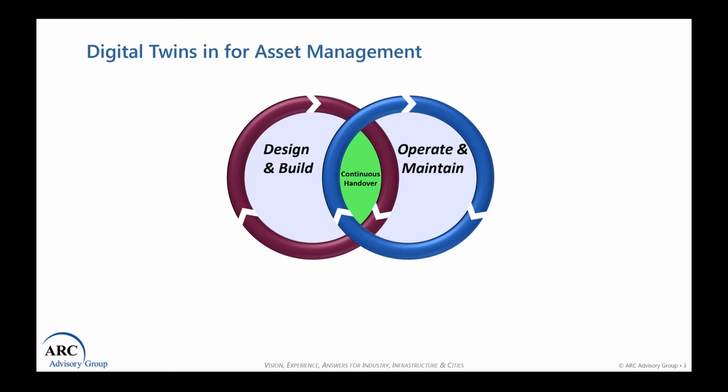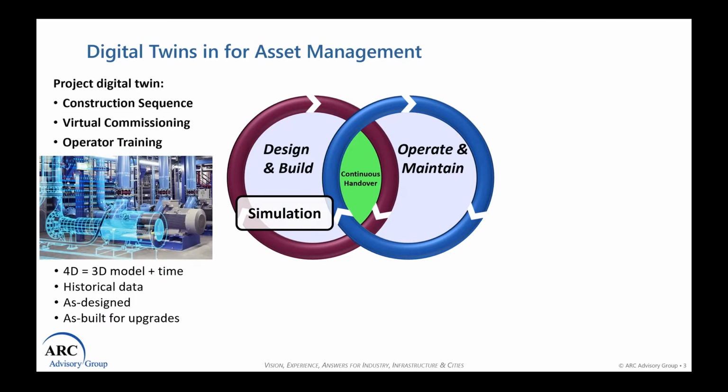So in the design and build, there are a whole bunch of business processes for the construction of an upgrade or a greenfield plant. Once that's done, there is continuous handover, and the operate and maintain circle, they have a whole bunch of different business processes, way different than design and build, that are used to operate and maintain the facility and make product. All right.